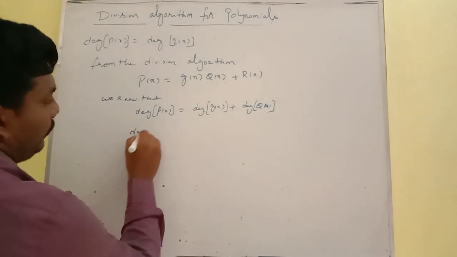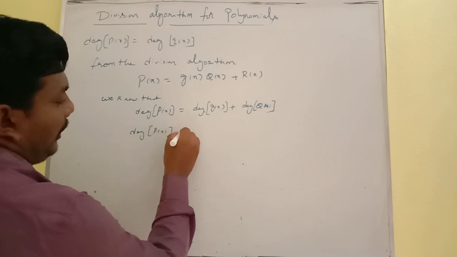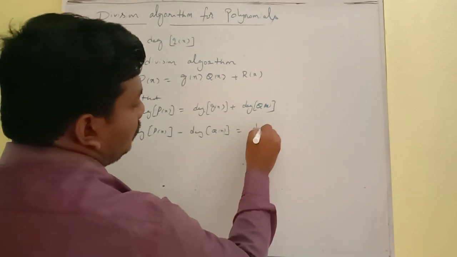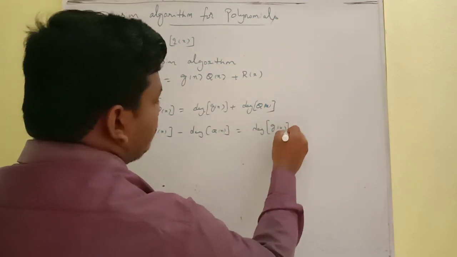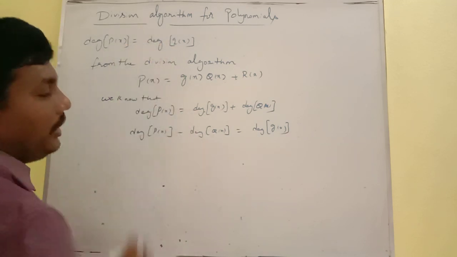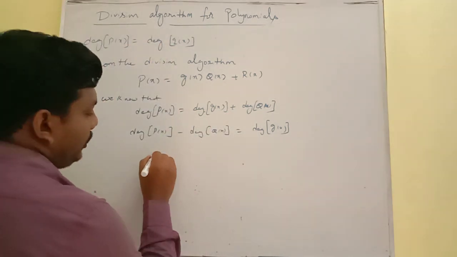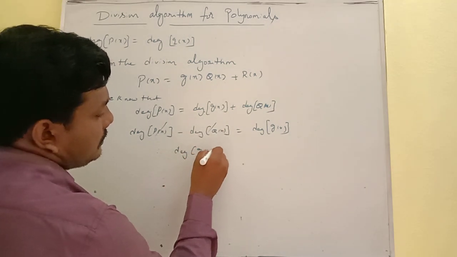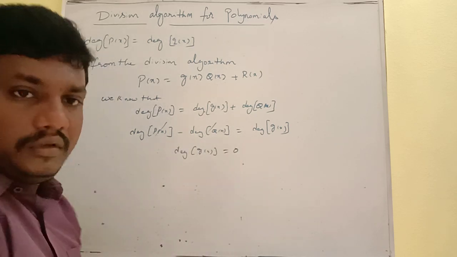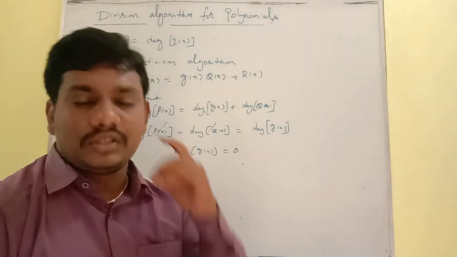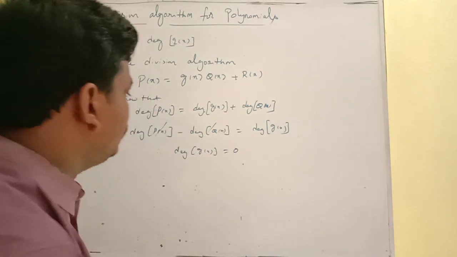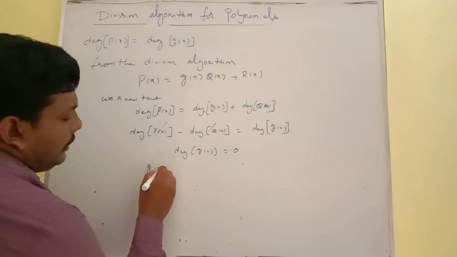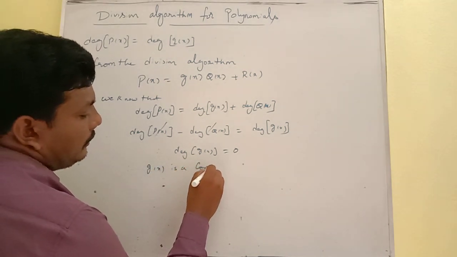Now the degree of p of x minus the degree of q of x is equal to the degree of g of x. According to the condition, these two are equal, so both will be cancelled. So the degree of g of x is equal to 0. Now what we conclude is that the degree of g of x is 0. That is a constant polynomial. So g of x is a constant.